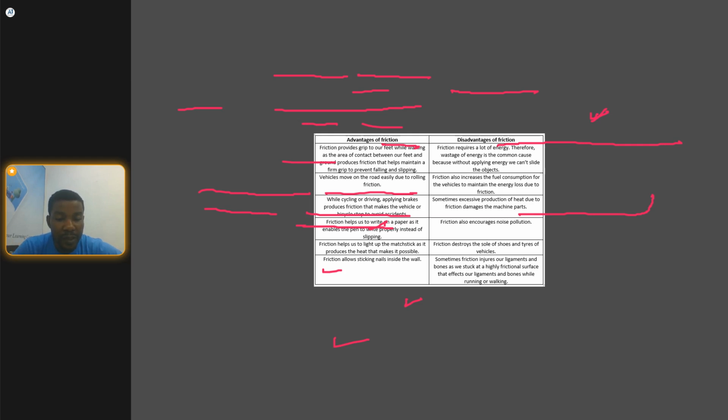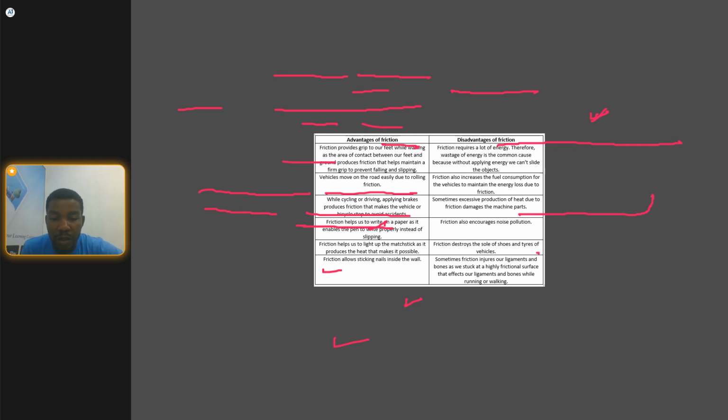There will be a lot of heat, and if heat is too much, the part of the machine will run out. So what happens when there's increase in friction in a machine is that it leads to the part of the machine getting damaged or running out, because anything that has to do with overheating will definitely lead to the run out of the part of that particular machine.